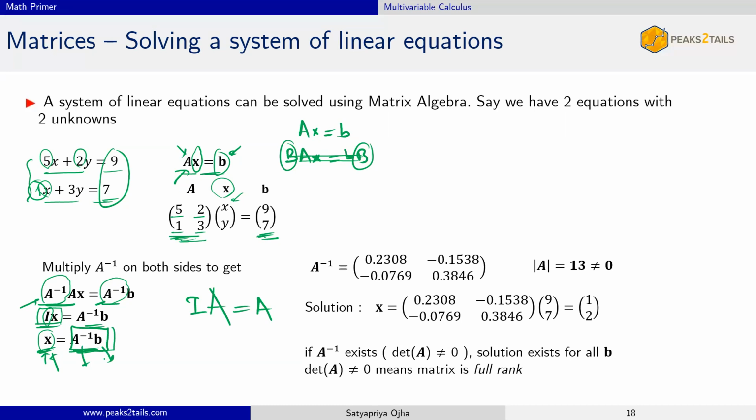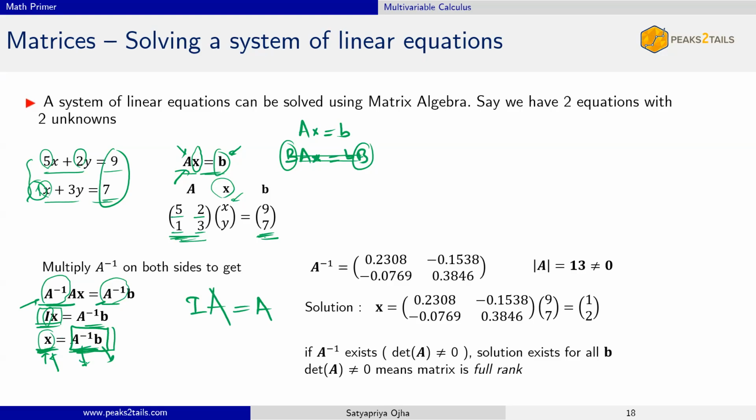Now, naturally, for the solution to exist, A inverse must exist. Okay? One unique answer for x exists if A inverse exists.